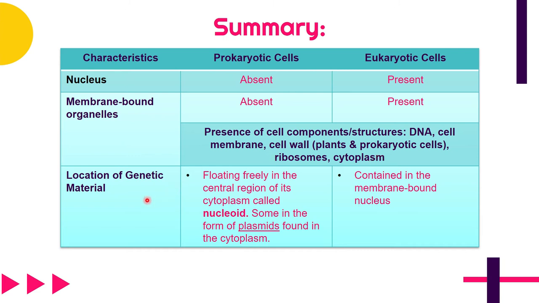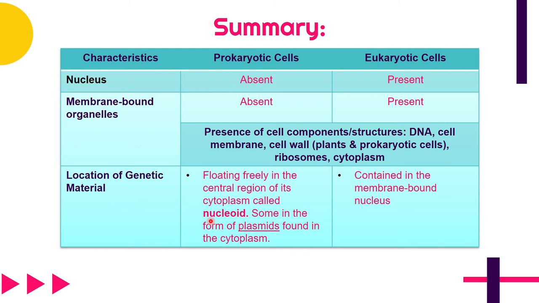Next characteristic would be the location of genetic material. Since a prokaryotic cell doesn't have a nucleus, its genetic material or DNA is floating freely in the central region of the cytoplasm called the nucleoid. Okay?